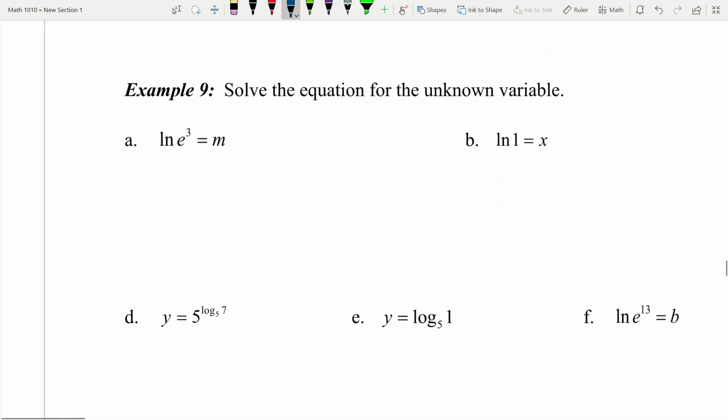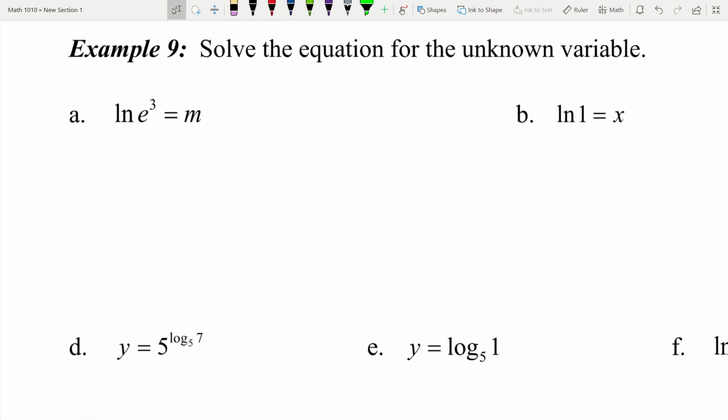Okay, look at question 9. See this 3 right here? Pull it down in front. So you have 3 ln e equals m. All I did is pull the exponent down. You guys, ln is the same thing as log base e.